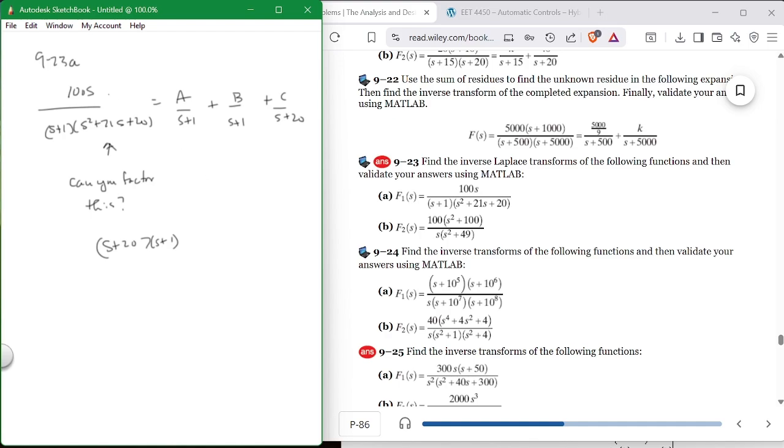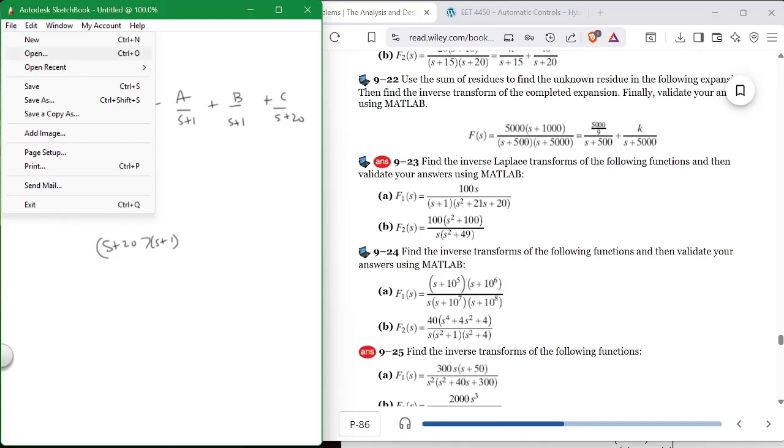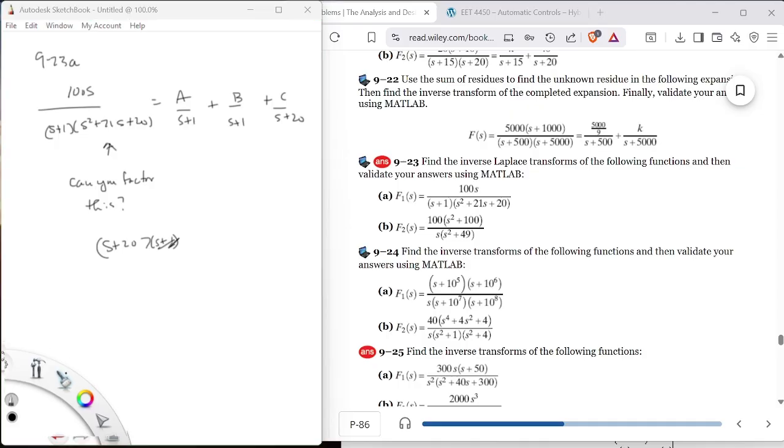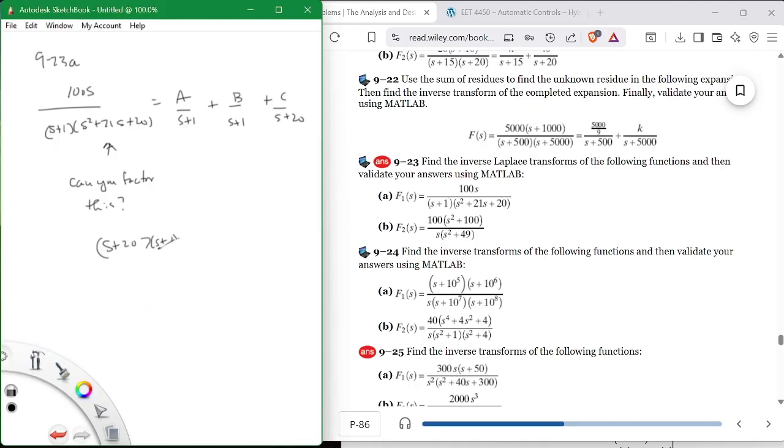So what you got to do, and this is not hard, but it just takes time. Okay, so here we go. Let's erase part of this stuff.